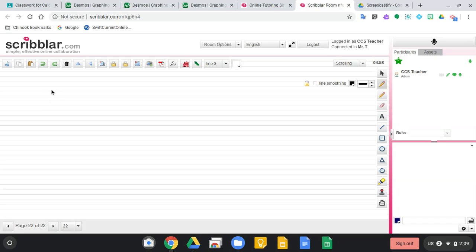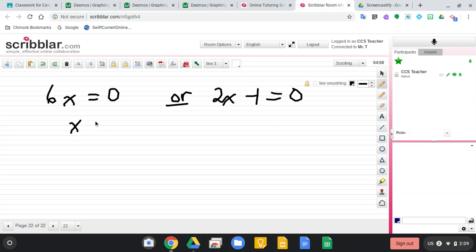So either the first factor, 6x equals 0, or my second factor, 2x minus 1 equals 0. If I divide this by 6, x equals 0, well, that's the inflection point we already found by accident. And if I solve this equation, 2x would equal 1, x would equal 1/2. So there is a second inflection point.